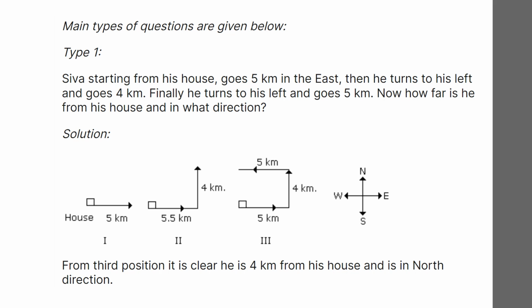Now, once from the east you have taken your left and headed towards north, again, if you are taking your left and going 5 kilometers, you can see the below picture which is indicating the 4 kilometers and then proceeding towards the 5 kilometers. Now, how far is he from his house and in what direction?